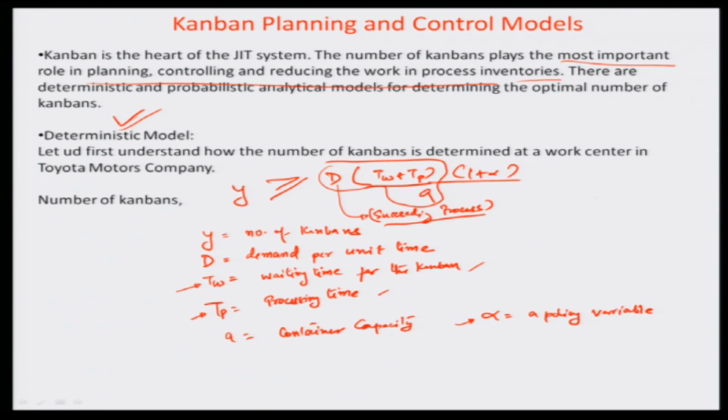So, this is coming from your station which is prior to you from the customer end. The demand per unit time times the waiting time is the number of items which are going to be there to make a balanced situation as per the requirements, and that divided by A, the number of components per container, gives the number of containers. Alpha is, as I told you, the policy variable which overstocks, and it is mostly mentioned in percentage.